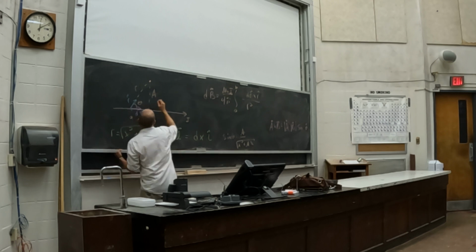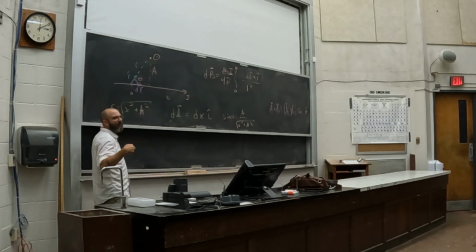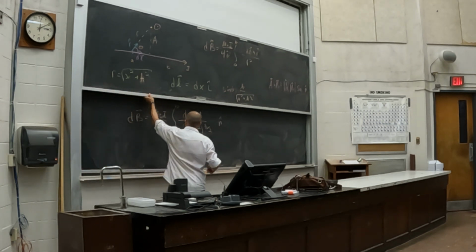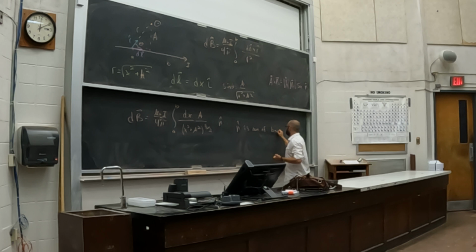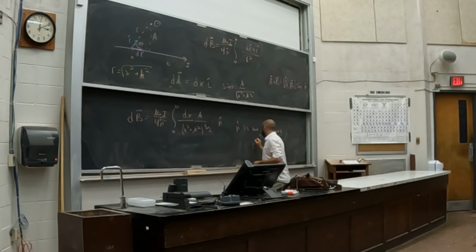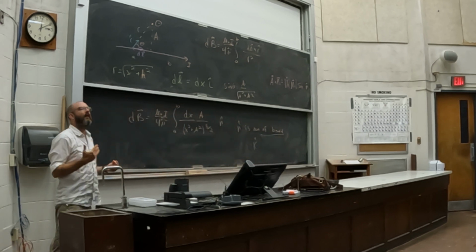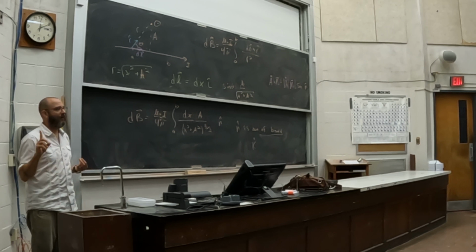So n hat looks like this. We're not going to call it n hat, that's just a placeholder. We're probably going to call it k hat. Everybody see that? Okay. Now, one more thing before we take our exam.